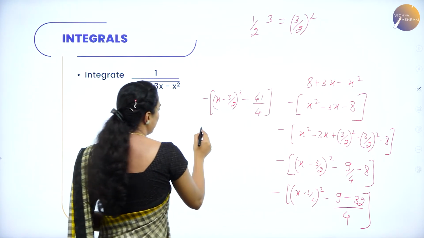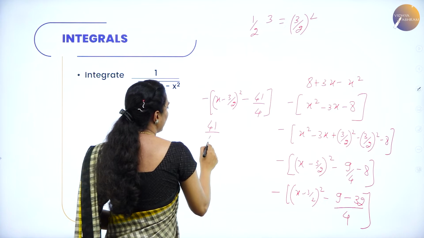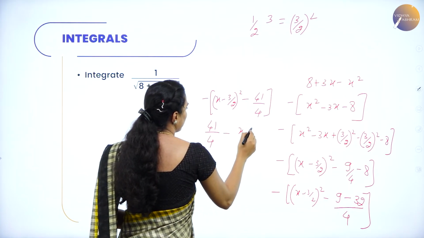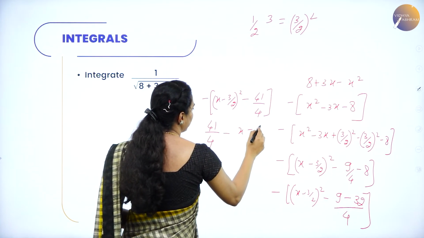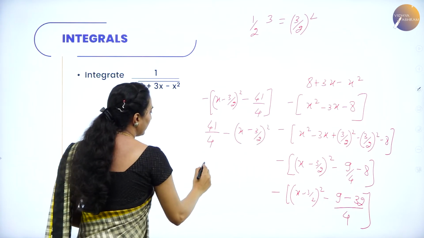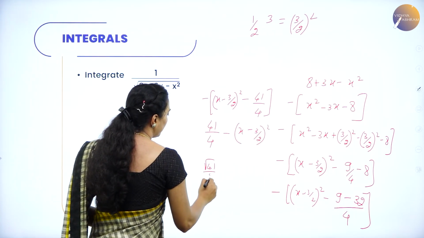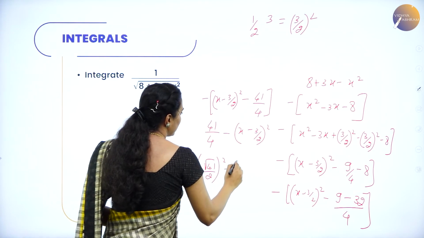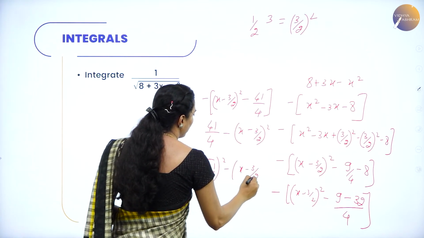Now you can multiply the minus sign inside: 41 divided by 4 minus (x minus 3 by 2) whole squared. Otherwise, you can write this one as (root 41 divided by 2) whole squared minus (x minus 3 by 2) whole squared.